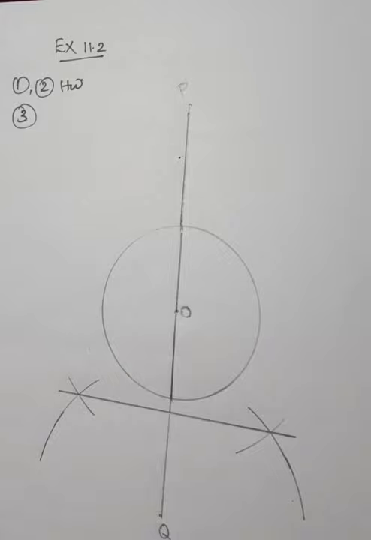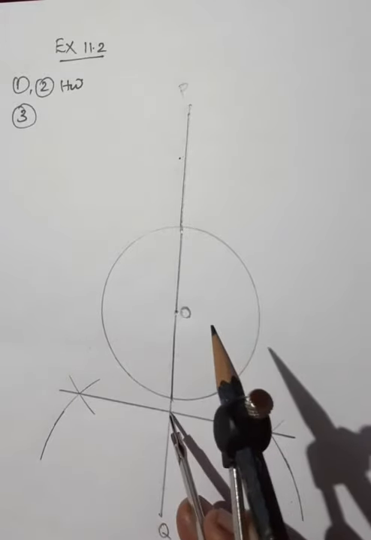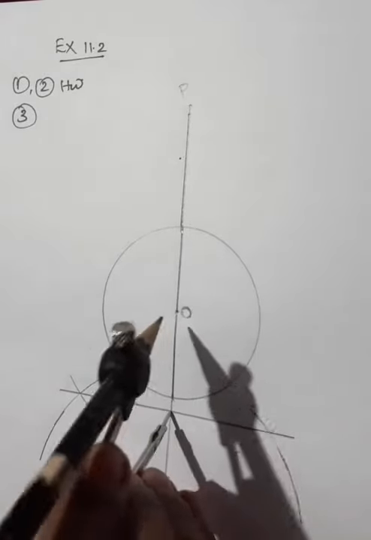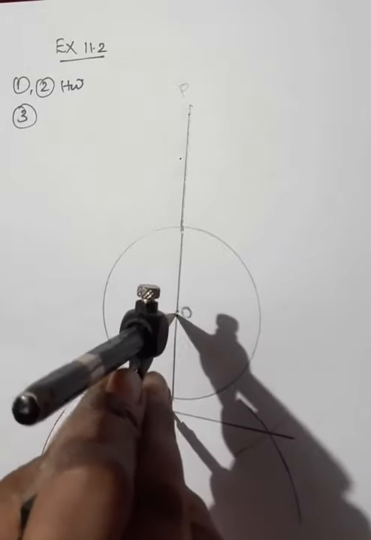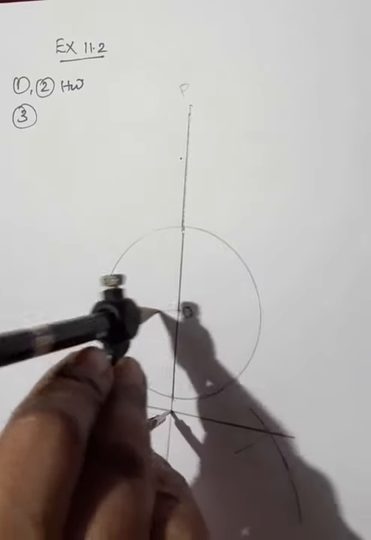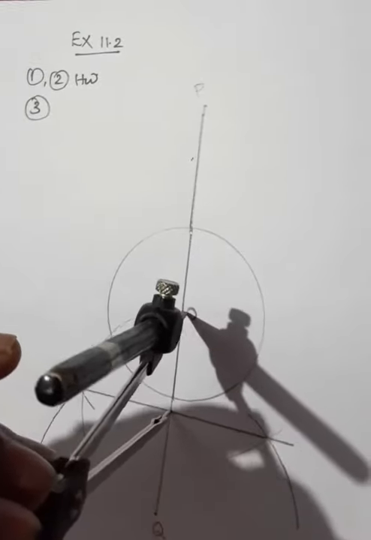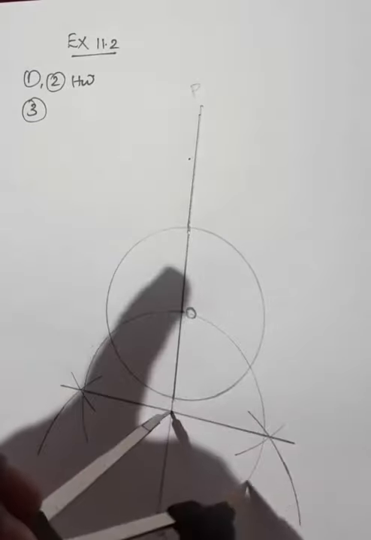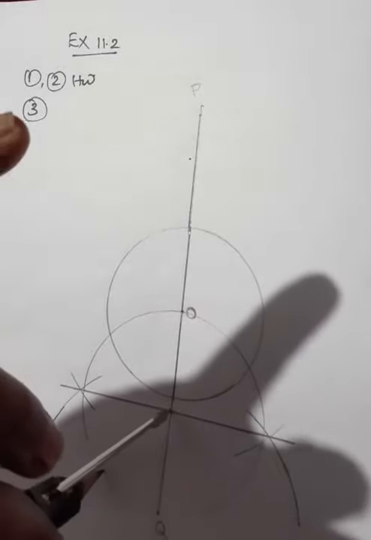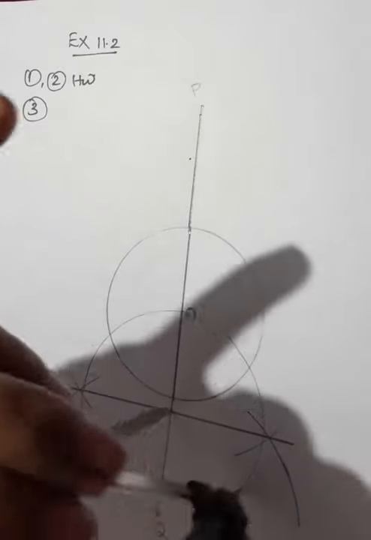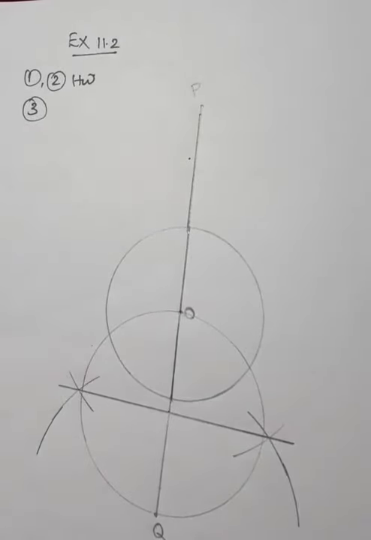So what is the next step? You have to take this radius as this point as well as O. Draw another circle. And want to take the point of intersection of these 2 circles here.